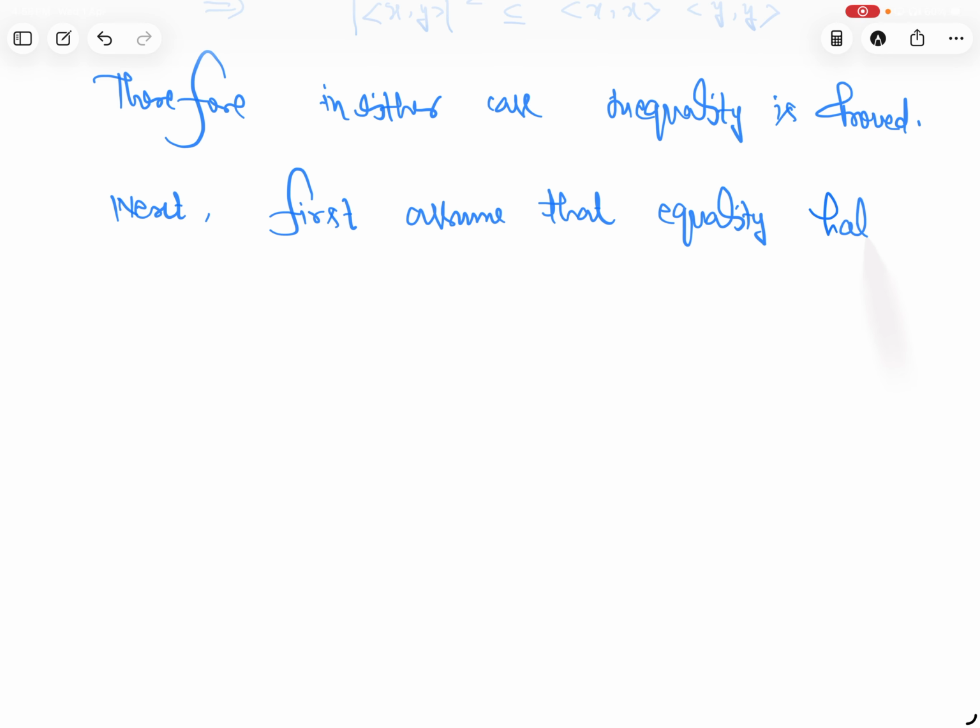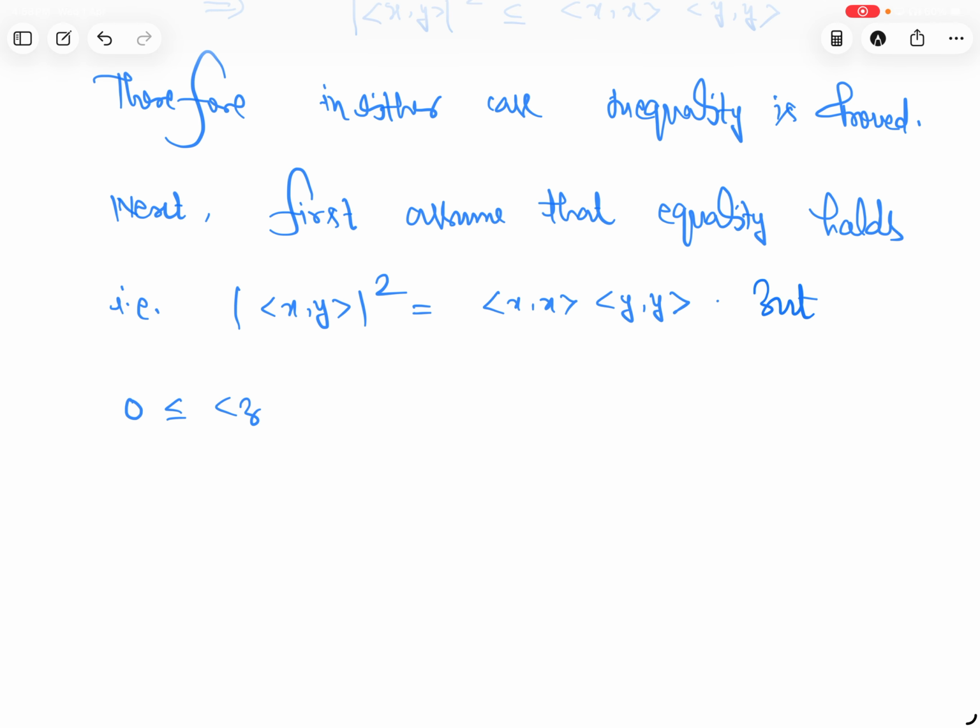Equality holds means that this part is 0, then this z is 0.